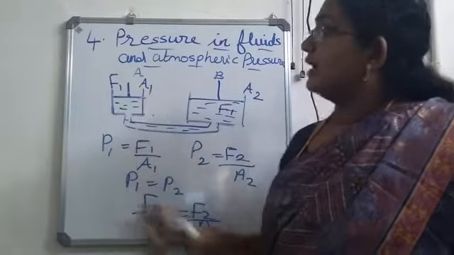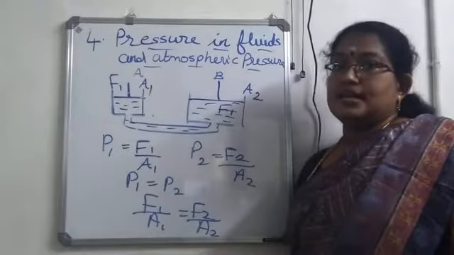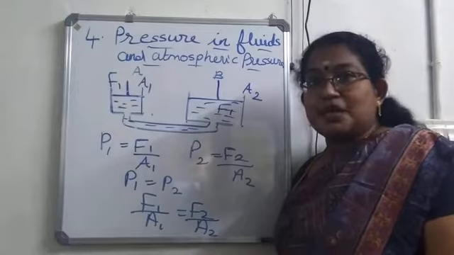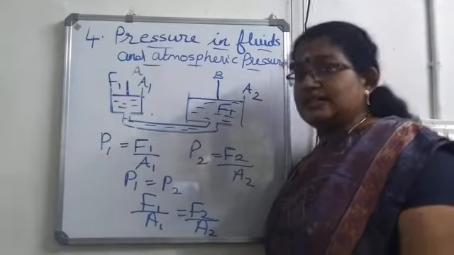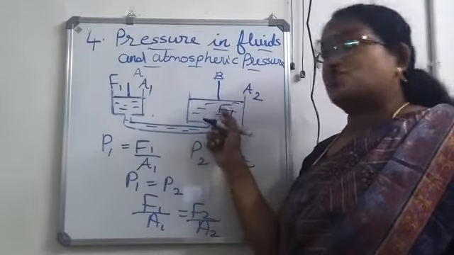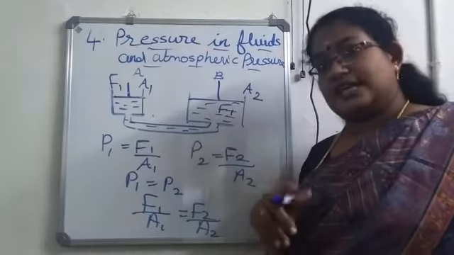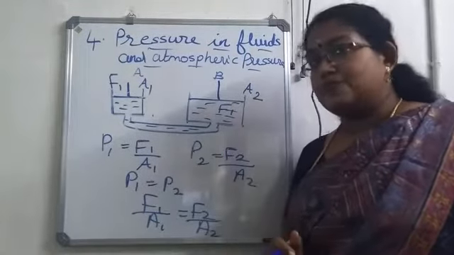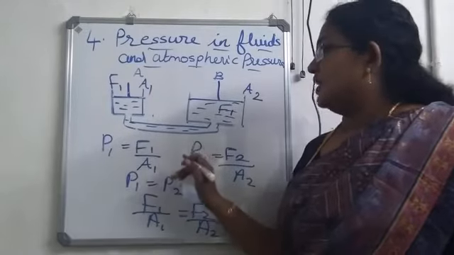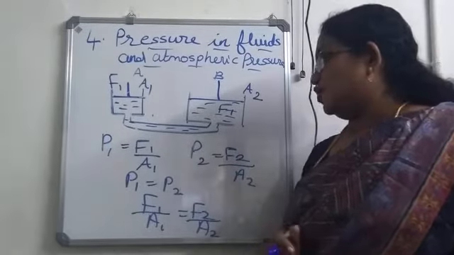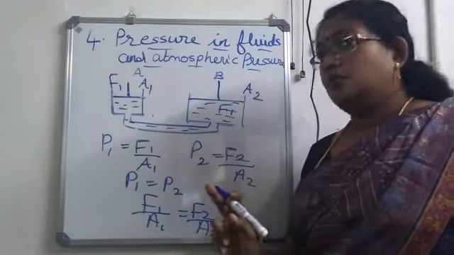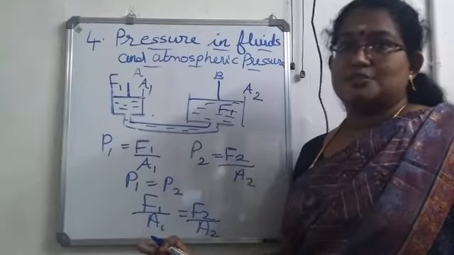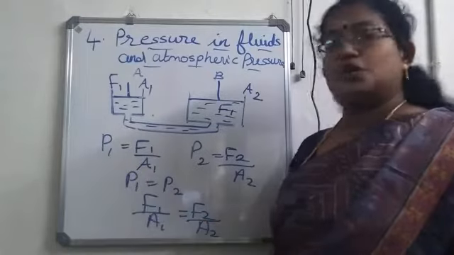We apply a small force on the first cylinder. Force acting per unit area is pressure. So a pressure is created there, and this pressure is transmitted and reaches the second cylinder and pushes the piston of B upwards. Here the pressure developed P2 is equal to F2 by A2. Now we know the same pressure is transmitted, that is P1 is equal to P2.